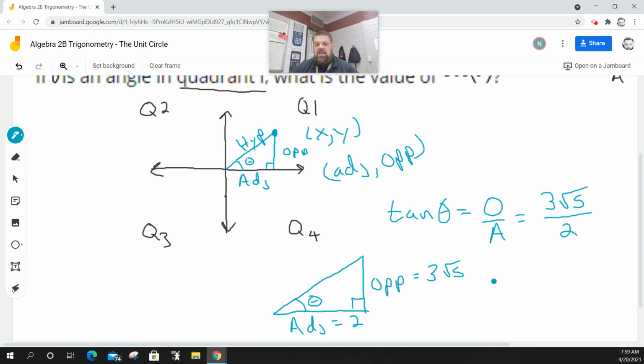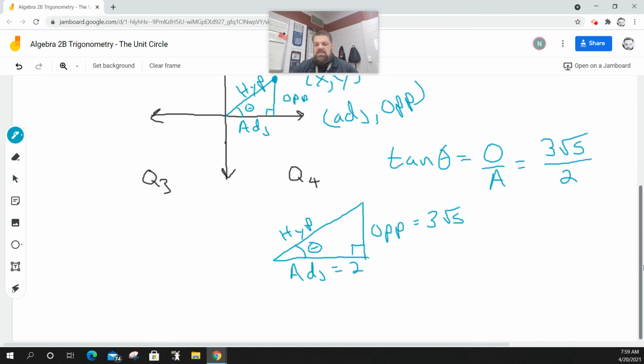Now I can solve for the hypotenuse by using the Pythagorean theorem. So most of the time, we're used to seeing the Pythagorean theorem written like this, where we have a squared plus b squared equals c squared, and then c squared is always the hypotenuse.